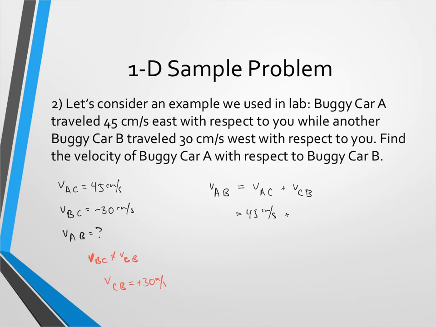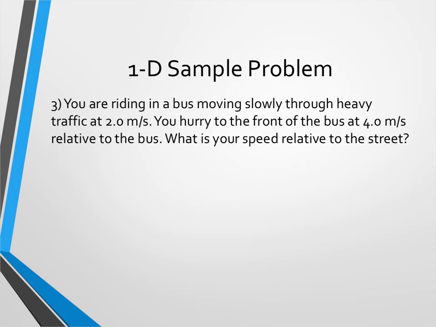So this is going to be a positive 30 centimeters per second. So it's going to be 75 centimeters per second overall. So with respect to B, car A is moving 75 centimeters per second. It's going really fast.